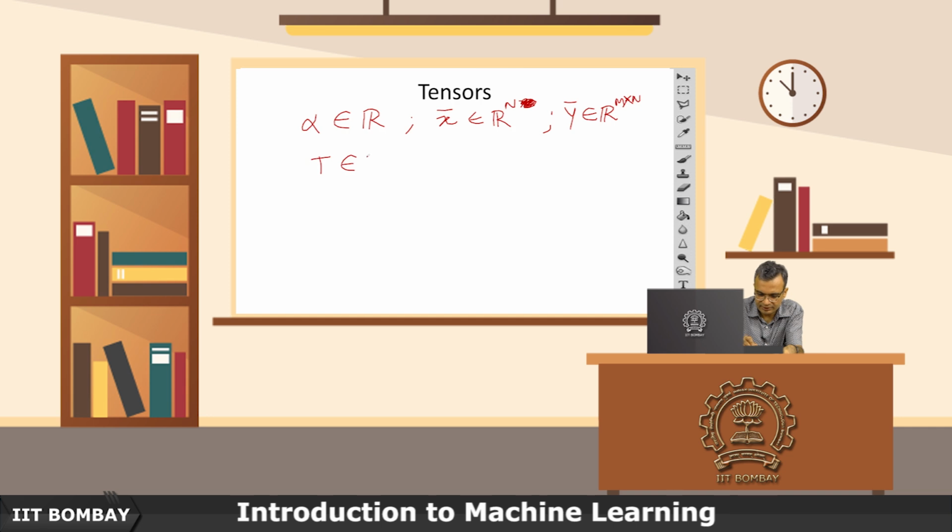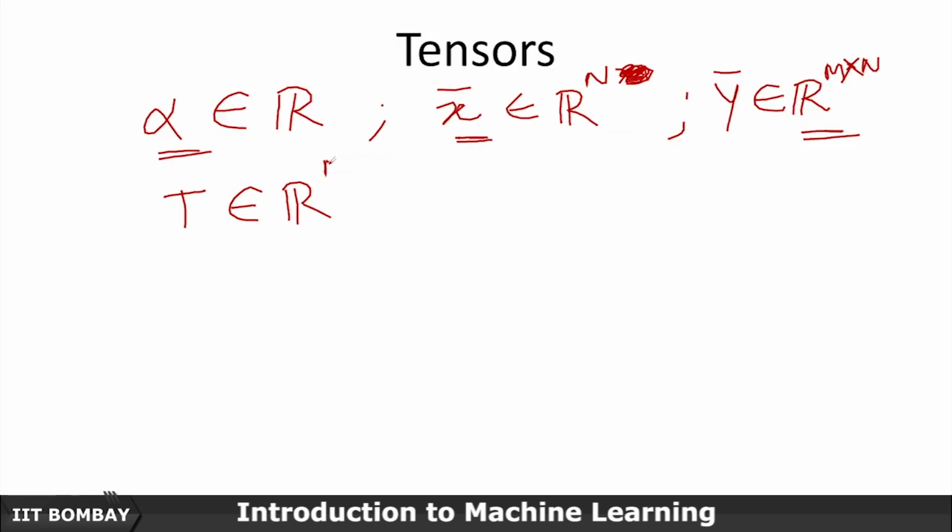Now we will have a tensor T. We will take this organization of 0 dimension, basically a single number, a stack of numbers in 1 dimension, a stack of numbers in a 2-dimensional array, to an nth dimensional array. So here you can have m cross n cross p or even larger sets of dimensions.